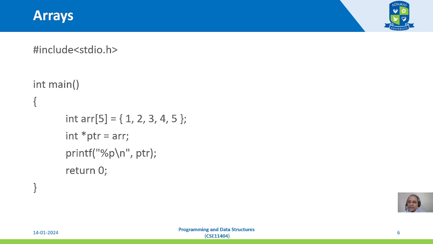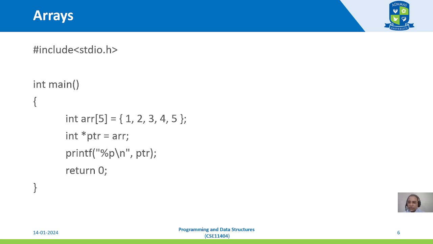Here you can see what we have just mentioned. We have taken one array and we have declared it. We have not implemented using the for loop. We have declared it directly. So we can see 5 elements and an integer type pointer we have considered is equal to ARR. So we know that ARR points to the first element of the array. So PTR will store the address of the 0th position of ARR.